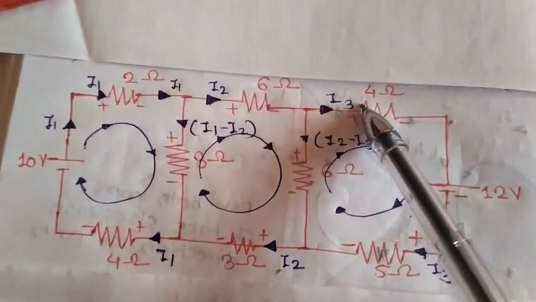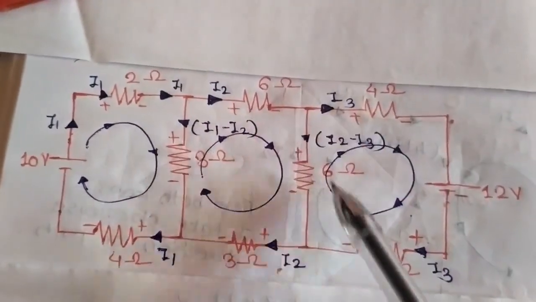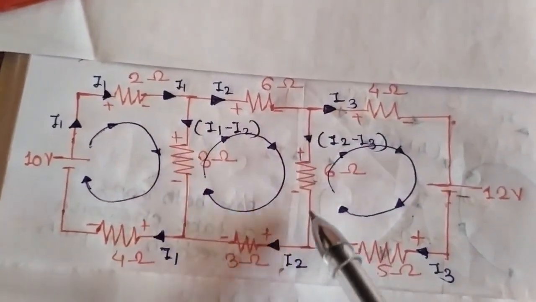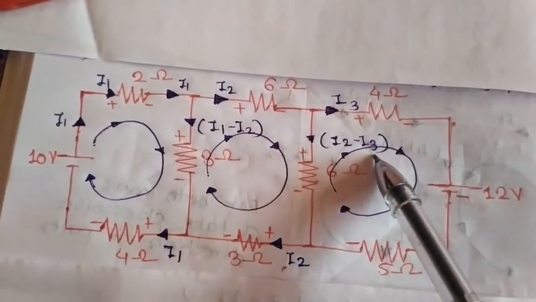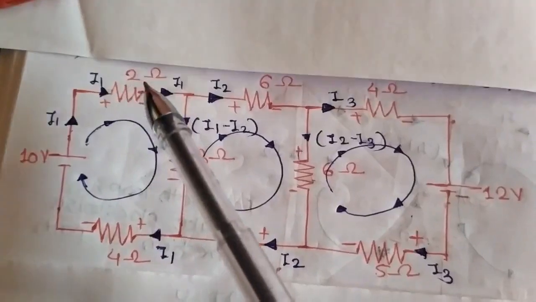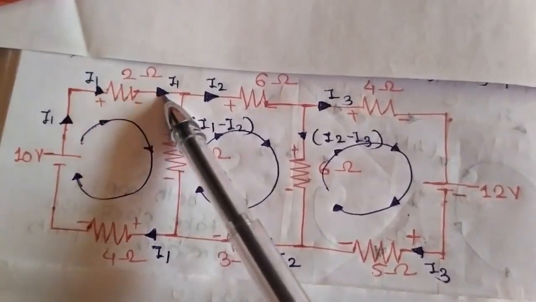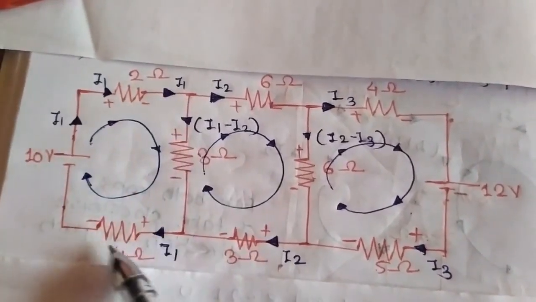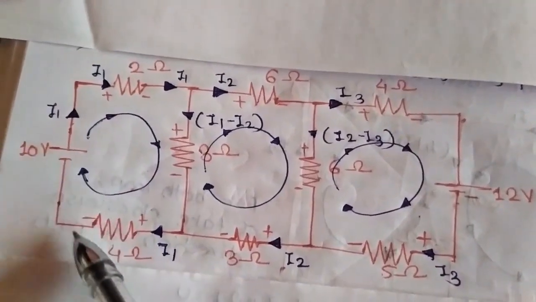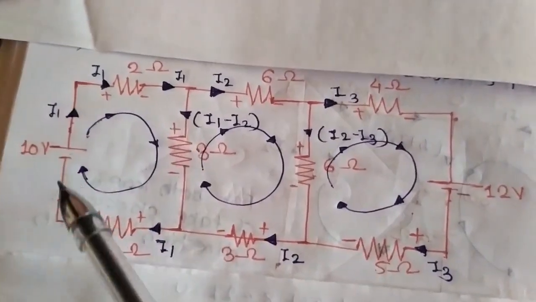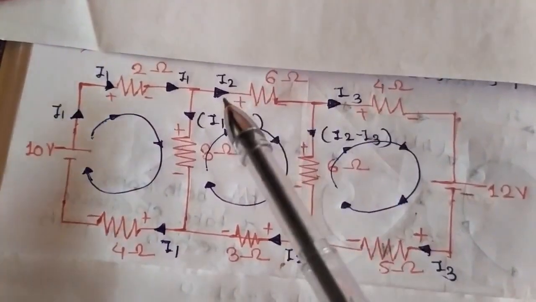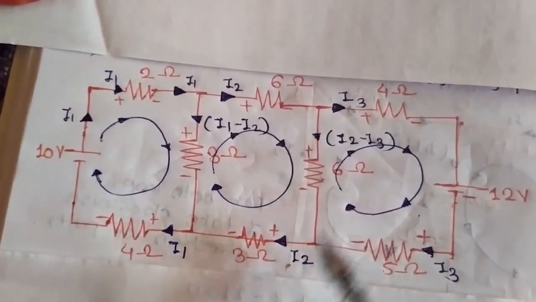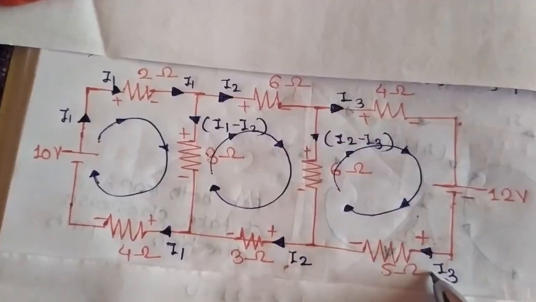Same for I3 for this loop, then for this resistance or branch we get I2 minus I3. The same current I1 flows this side and this side to complete the first loop. Again same current I2, I2, I3, I3.